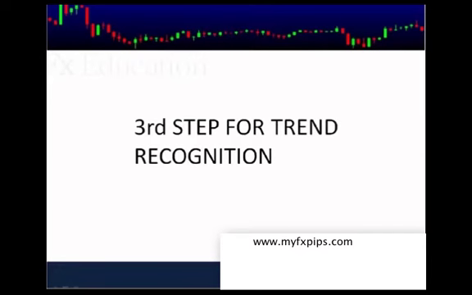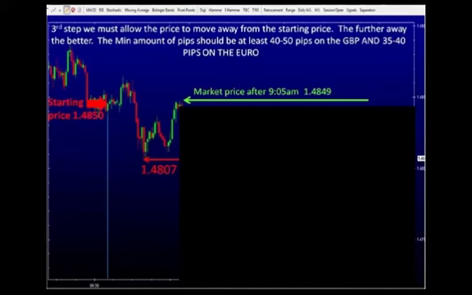The third step for trend recognition is the price movement from the starting price. Now, take a look here on the left-hand side. We have the starting price of $148.50, and you can see clearly the trend was moving lower. It moved to $148.07, but it wasn't 2 hours just yet. The price movement started going up.